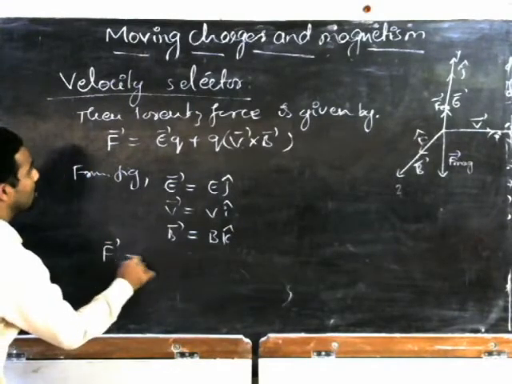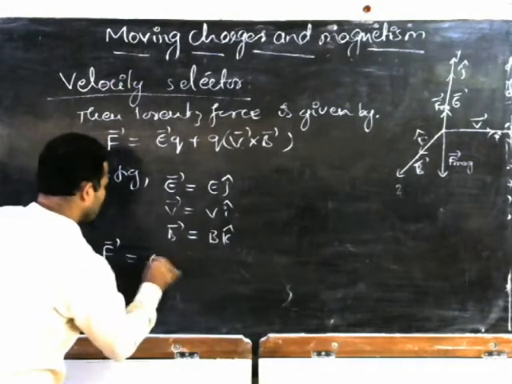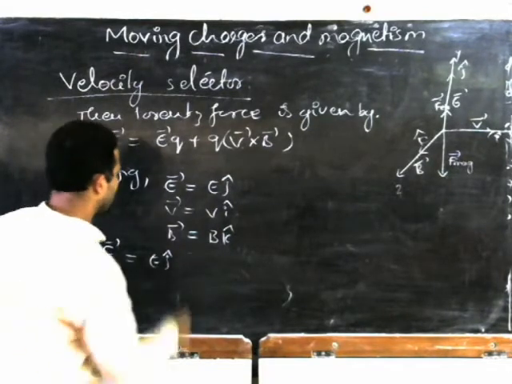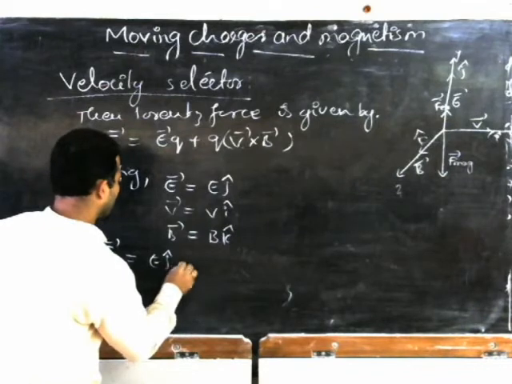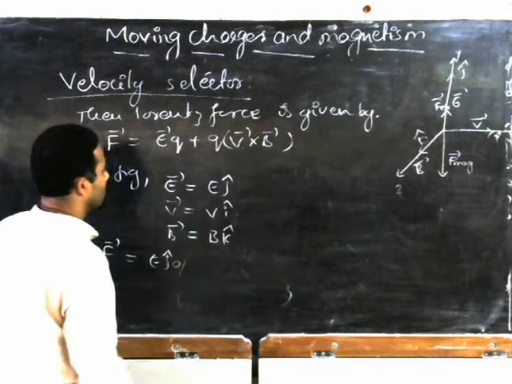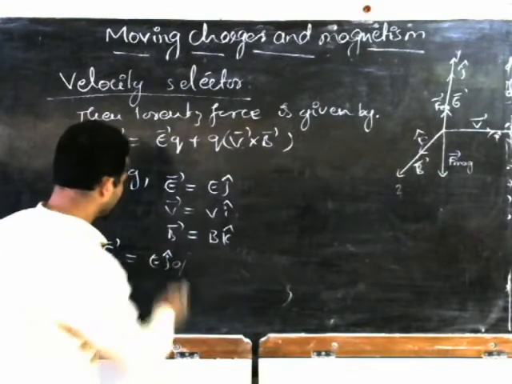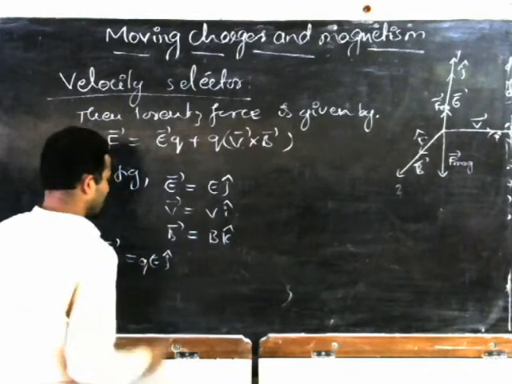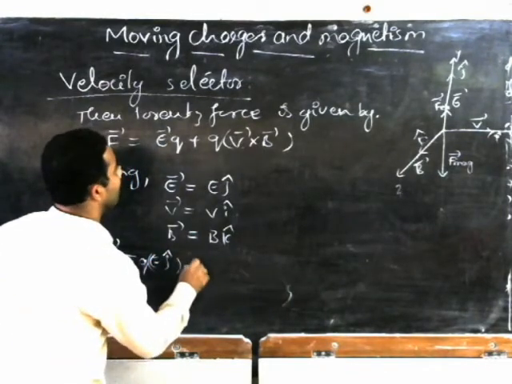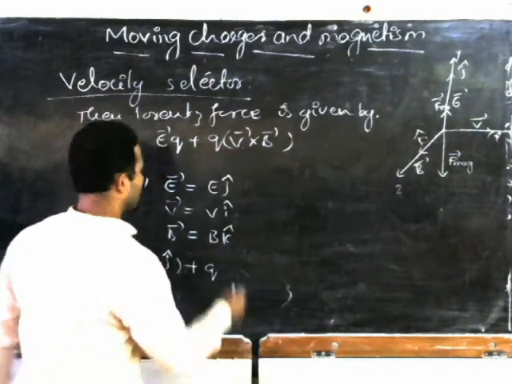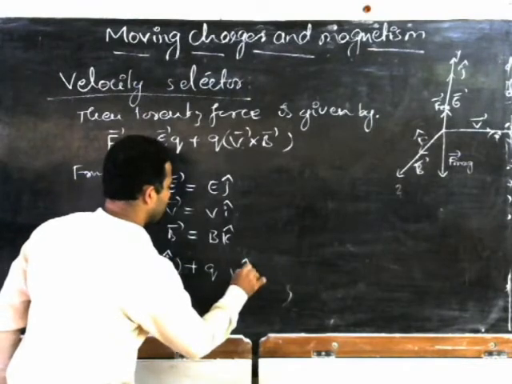So F is equal to E into q, E into j, E into j into q, plus q into V, where V is equal to V i cap.